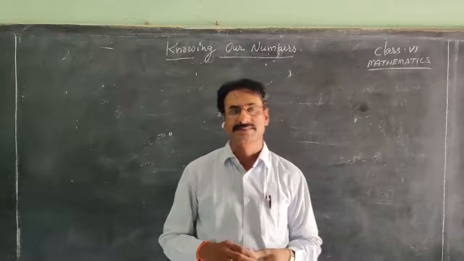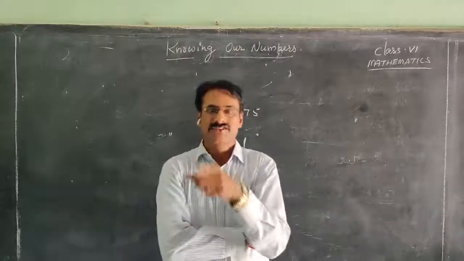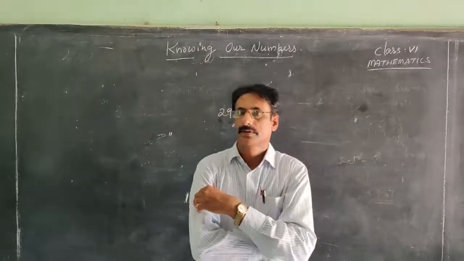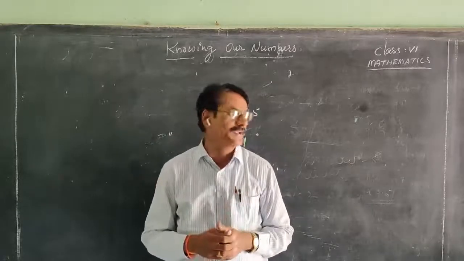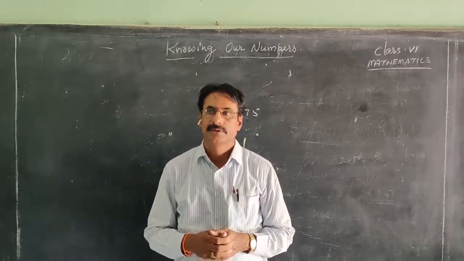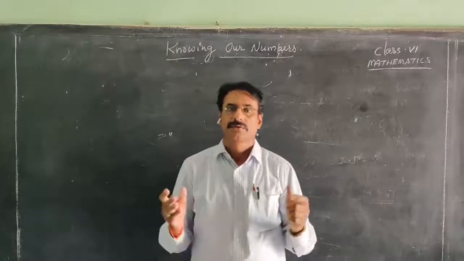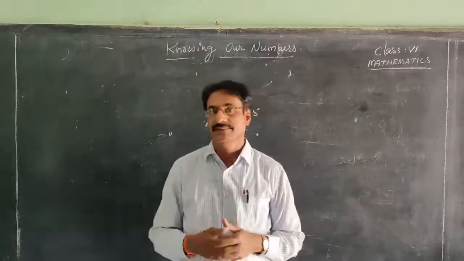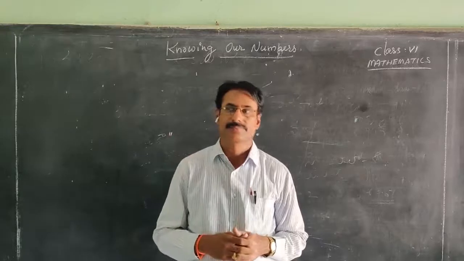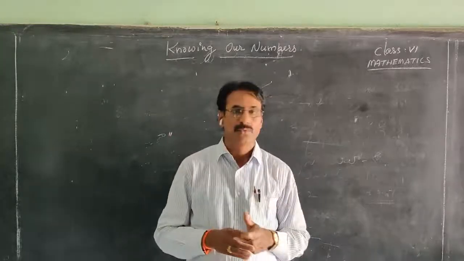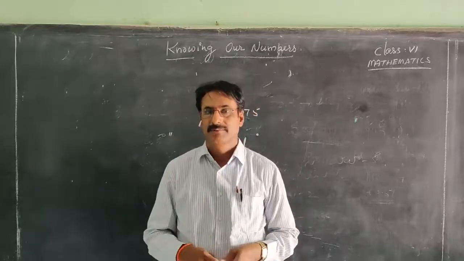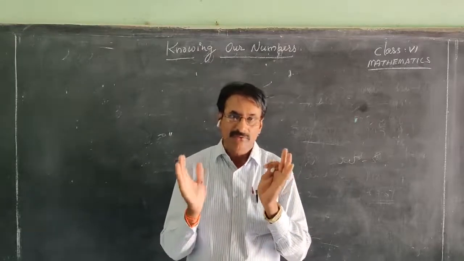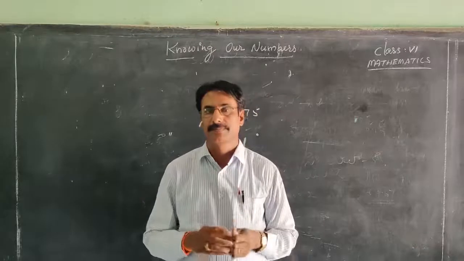Round up the numbers. For example, in our country there are more than 135 crore. Generally, we say 135 crore, but it's not the perfect population number.